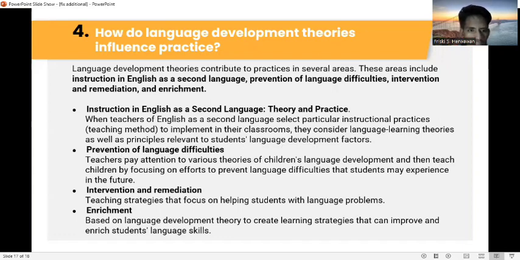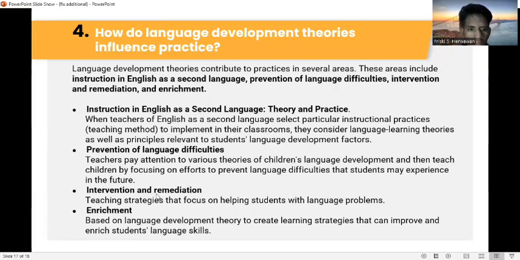And in prevention of language difficulties, teachers pay attention to various theories of children's language development and then teach children by focusing on efforts to prevent language difficulties that students may experience in the future. For example, teachers teach phonemes to the students as an effort to prevent student difficulties in reading activity in the future.